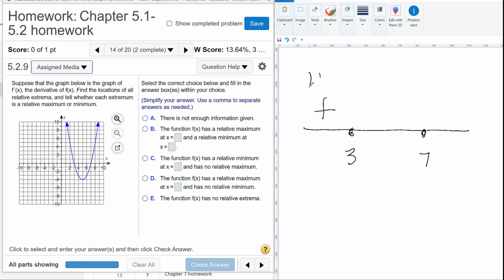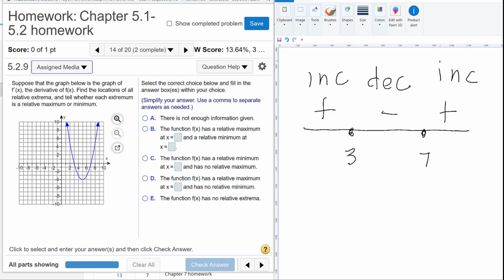That means the function is increasing here. Between 3 and 7, it's negative. So the original function is decreasing. And from 7 on, the derivative is positive, so the function is increasing again.